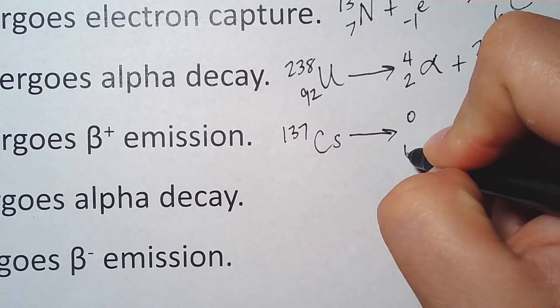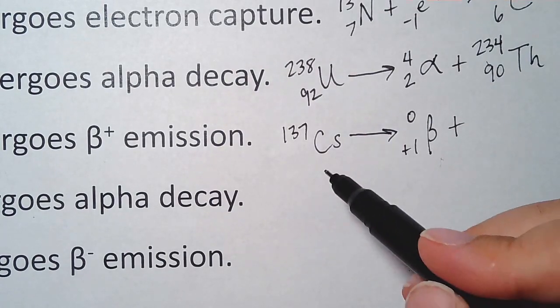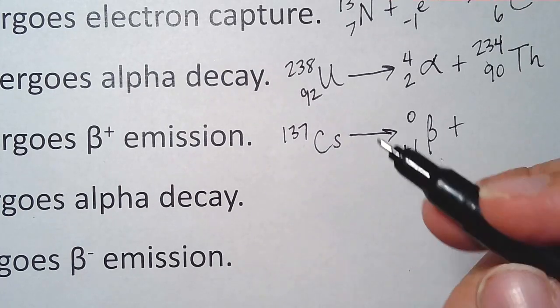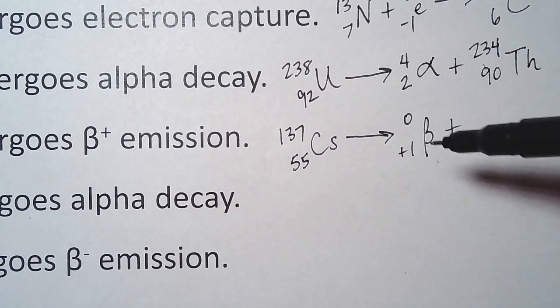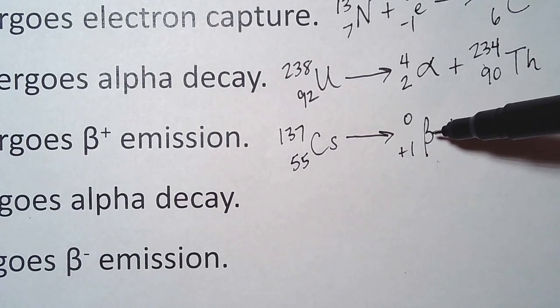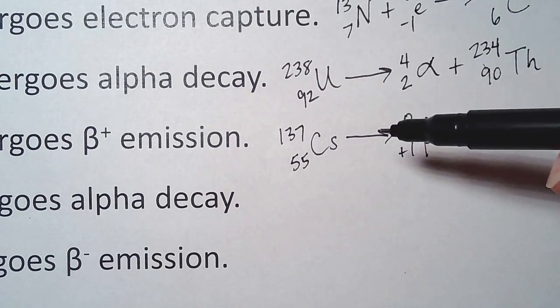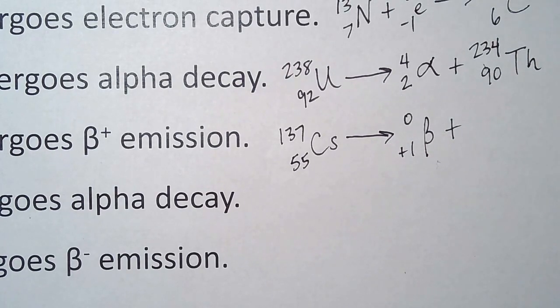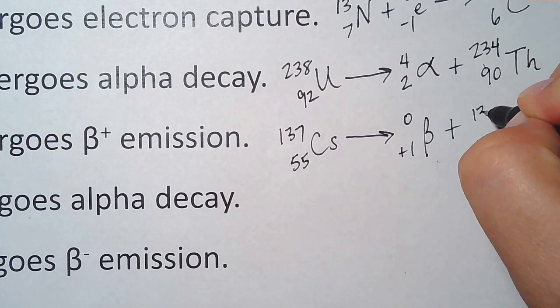So we need to know how many protons in cesium. If we look up cesium, this is 55. If we're changing for beta positron emission, it means one of our protons is becoming a neutron. So we're going to lose a proton. We're going to be down to 54. Our mass stays the same. So we can look on the periodic table and find out what this is. This is xenon.